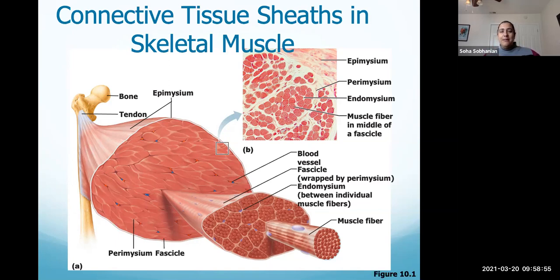Many what? Many fascicles, correct. So many fascicles are put together to make a whole muscle, and each fascicle has many muscle fibers. Each level has its own wrapping to strengthen the muscle and make sure that as the muscle contracts and relaxes, it doesn't fall apart.